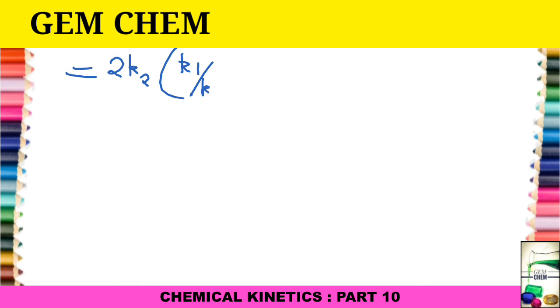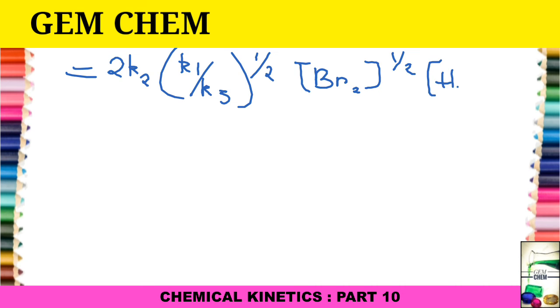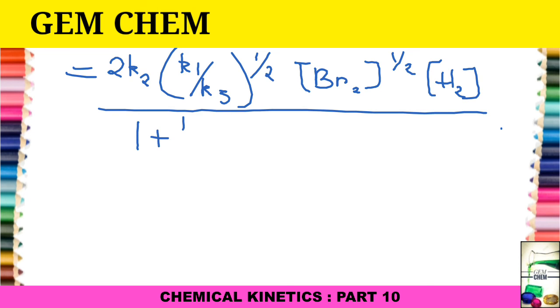(K1 by K5) to the power half Br2 to the power half hydrogen by 1 plus K4 by K3 HBr by Br2.